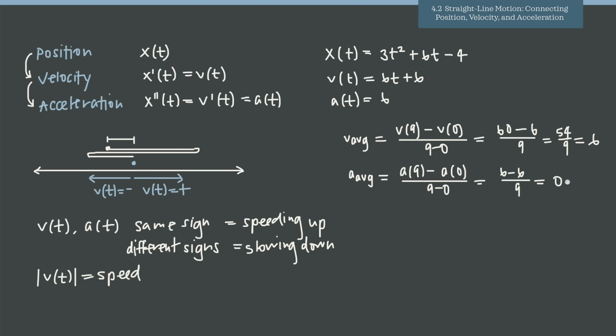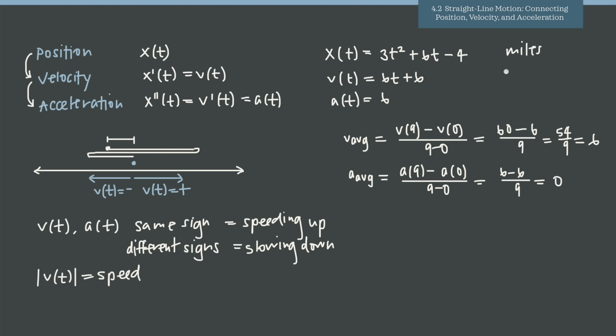We want also to be able to think about units for each of these values. The original position function tells us where the particle or the object is located. So if we find a value for position, the units will be in terms of whatever distance we're measuring in. Let's say that we're calling t time after t seconds, and we're giving position in terms of miles. So we're talking about miles per second. The position function is going to return something in terms of miles.